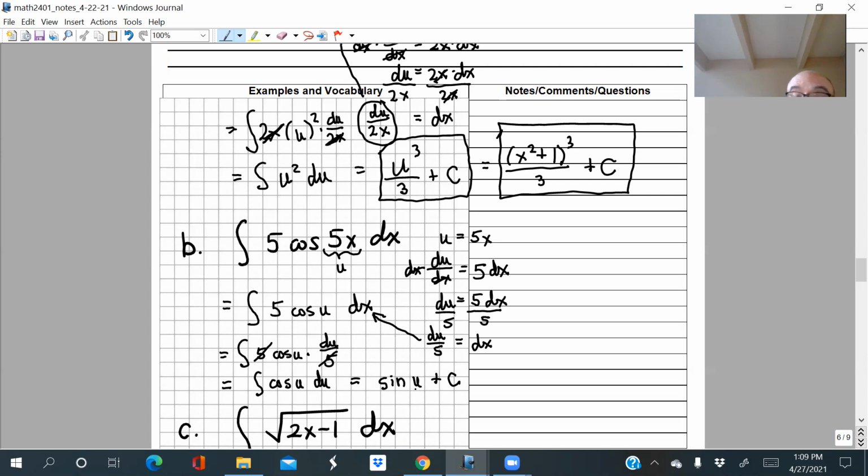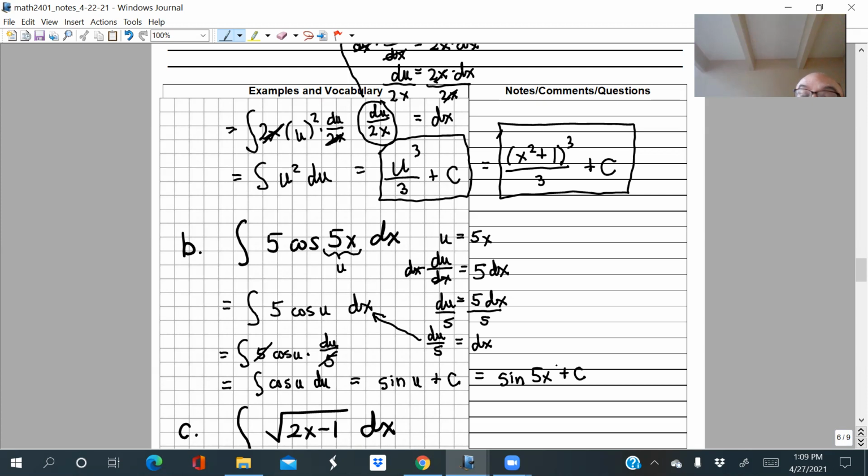So we've made progress. The only last thing we have to worry about here is, darn it, I don't want u because the original problem had x in it. So I've got to get back to x. But that's easy because what was u equal to, by our own choice? 5x. So all you have to do is replace the u with 5x.